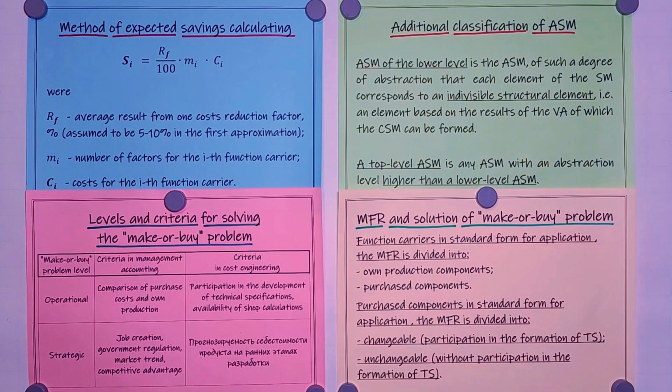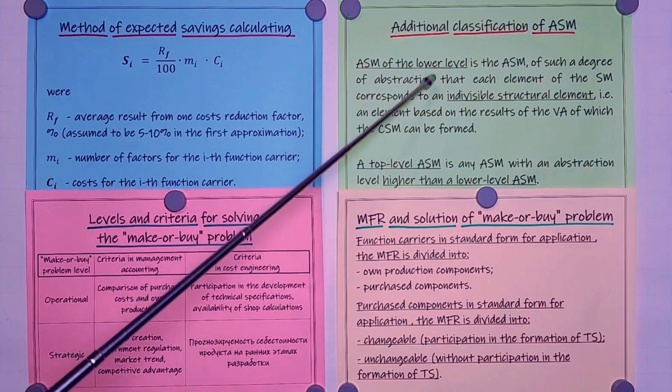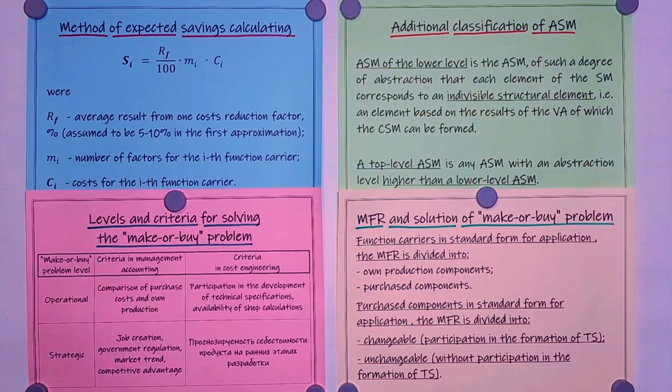So, the definition of the lower-level abstract structural model shown on the slide can be stated in the following form, close to people familiar with the varieties of design documentation, in particular with the concept of specification in the Unified System of Design Documentation. The abstract structural model of the lower level corresponds to such a degree of abstraction in which each of its elements corresponds, in the first approximation, to the content of the specification of the analyzed object.